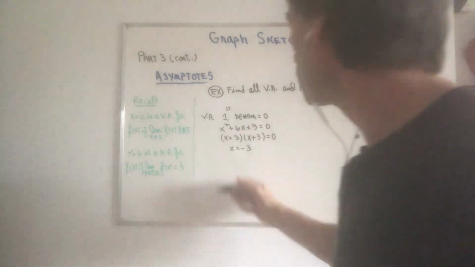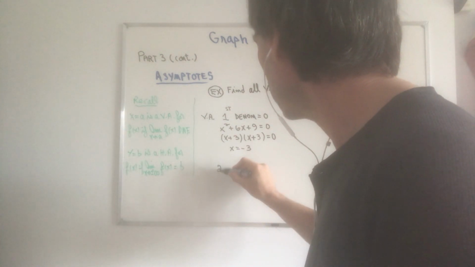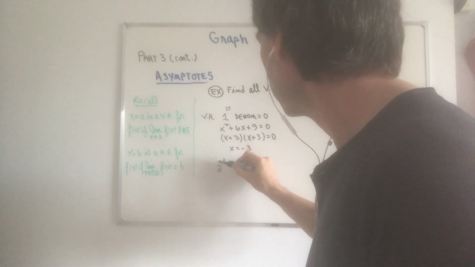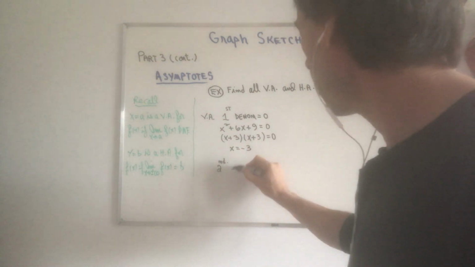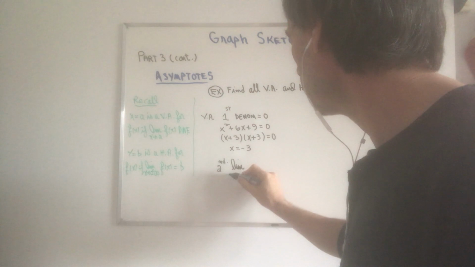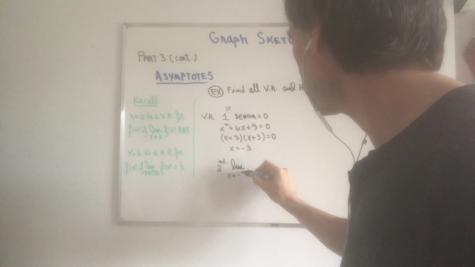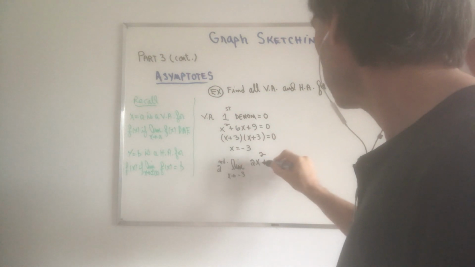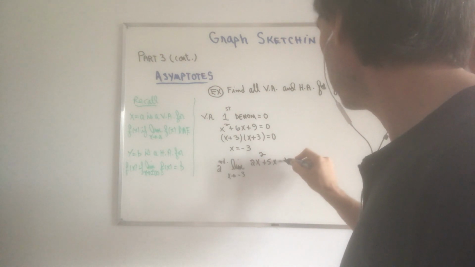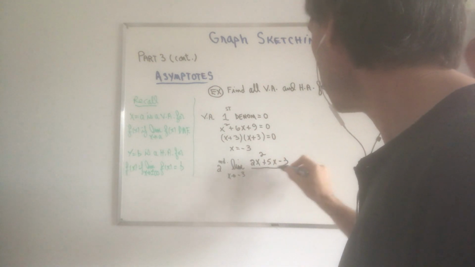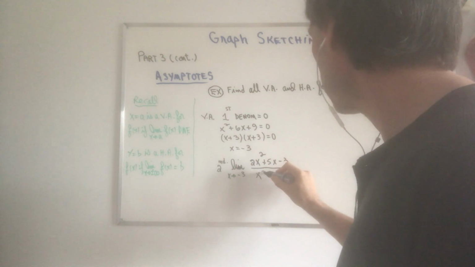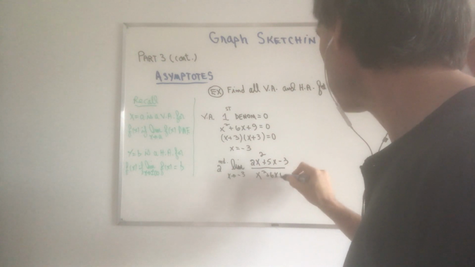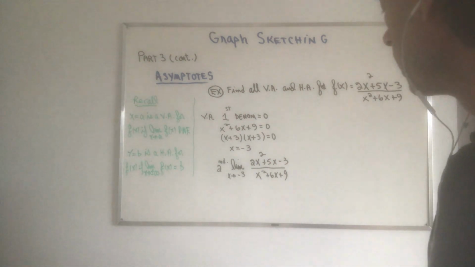Good. So now, second, I need to find the limit as x approaches negative 3 of my function, 2x squared plus 5x minus 3 over x squared plus 6x plus 9.